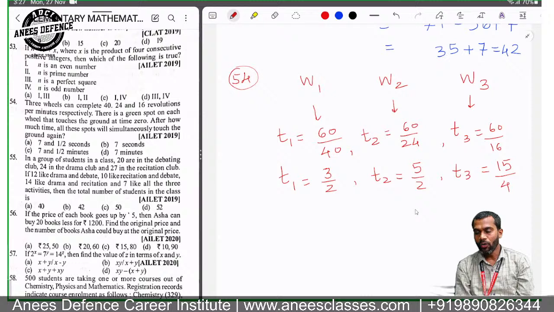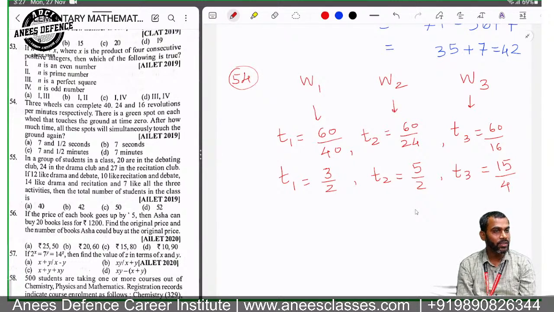Now at time 0, the same spot will touch the ground for each wheel. Yes or no? Now after how much time will the same spot touch the ground simultaneously for all the wheels? So we need to find out the LCM.